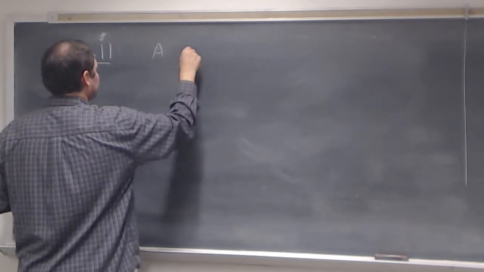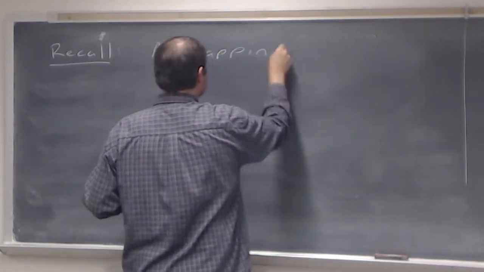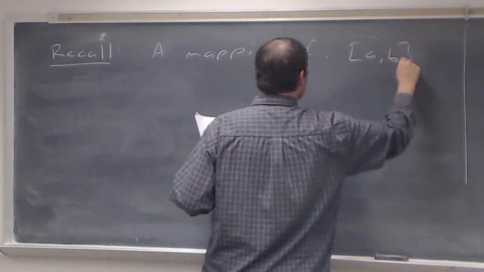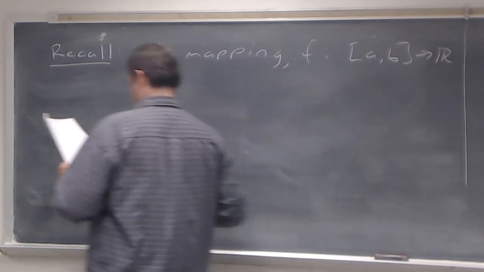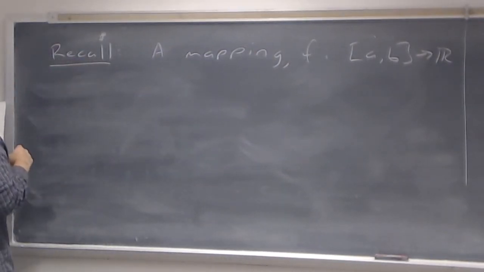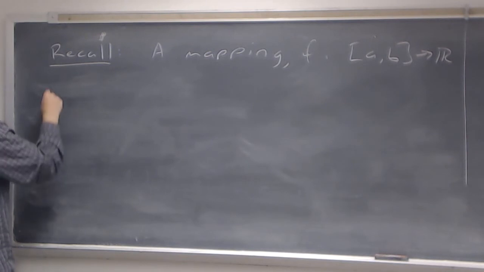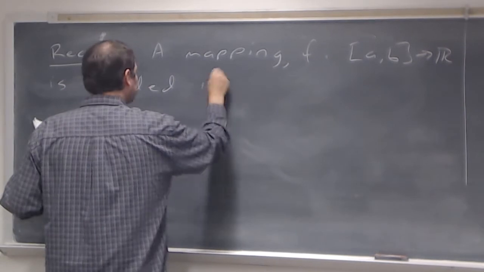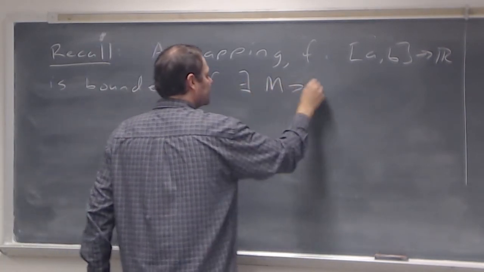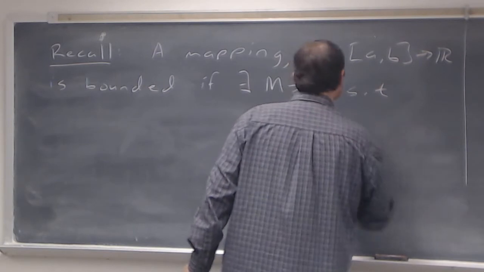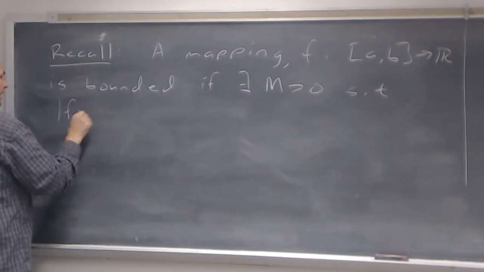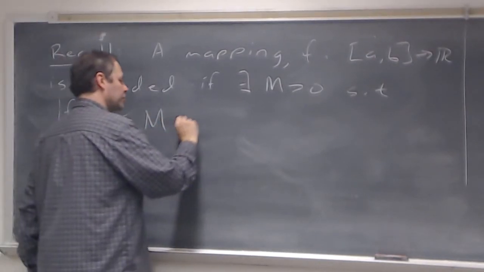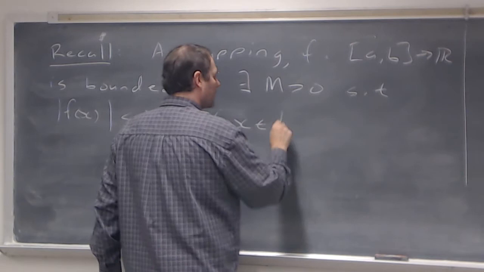A mapping f going from [a, b] into R, is bounded if there exists a positive number M such that the absolute value of f(x) is less than or equal to M, and that's true for all x an element of [a, b].